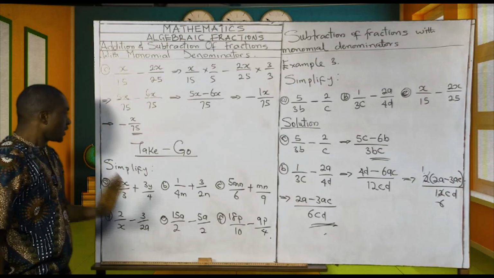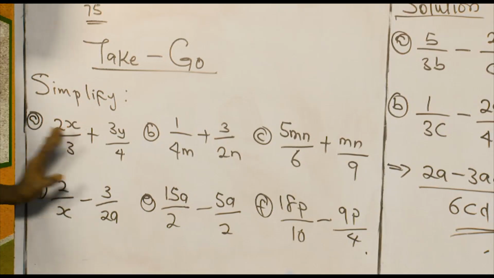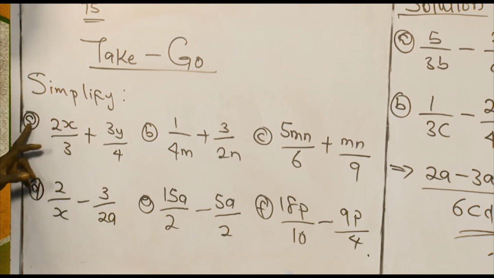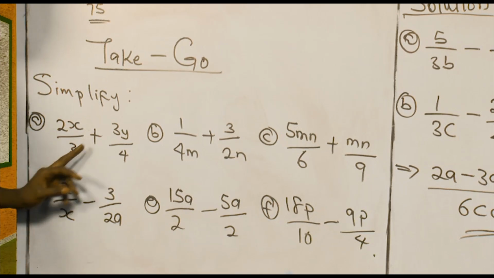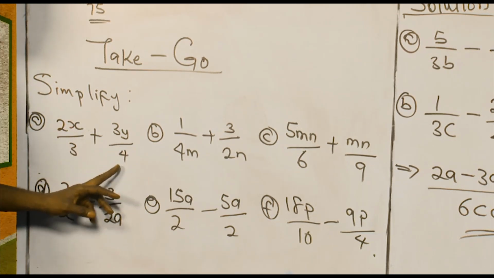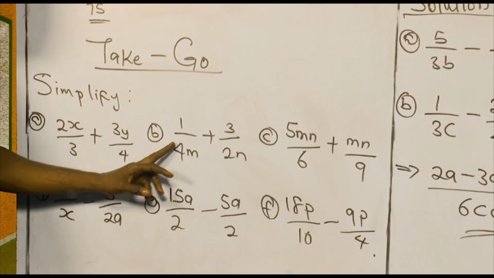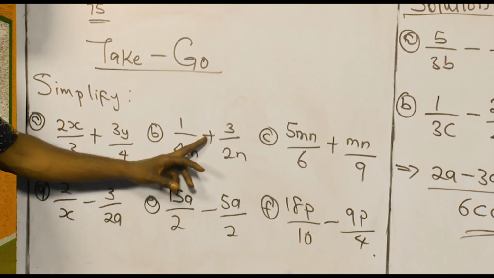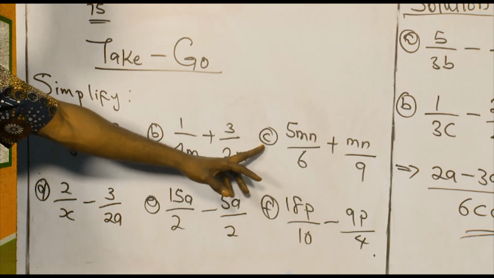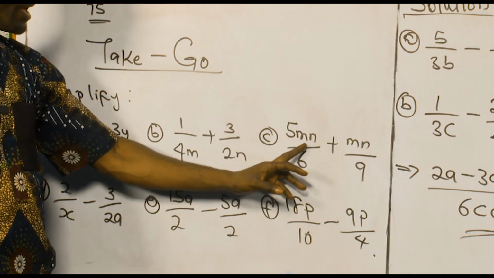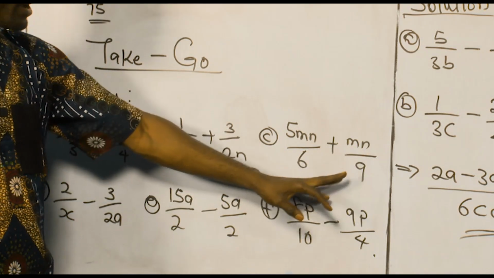That is that. Now, your takeaway is this. The question asks you to simplify each of the following. Question letter A, 2x over 3 plus 3y over 4. Question letter B, 1 over 4m plus 3 over 2n. Question letter C, 5mn over 6 plus mn over 9.